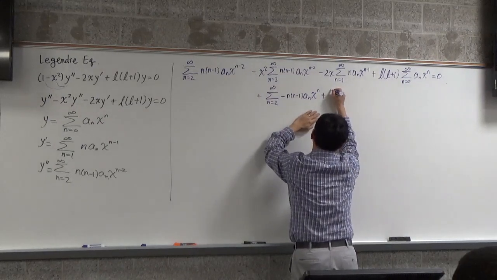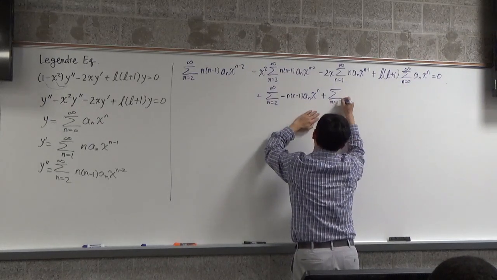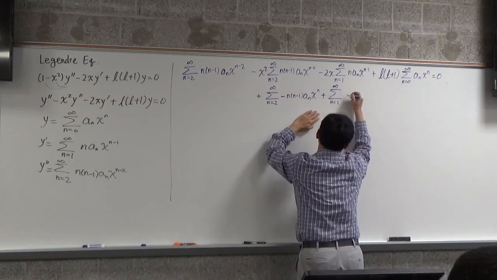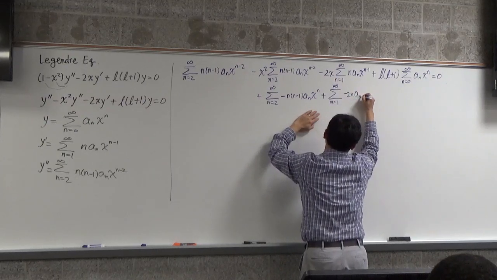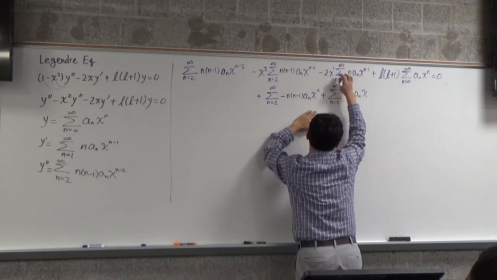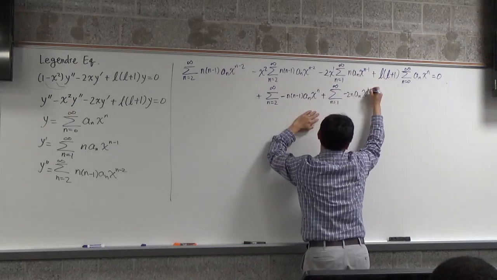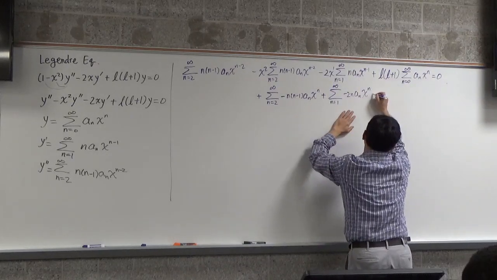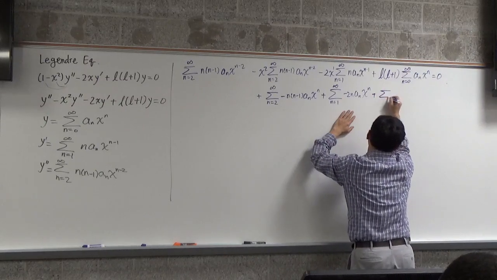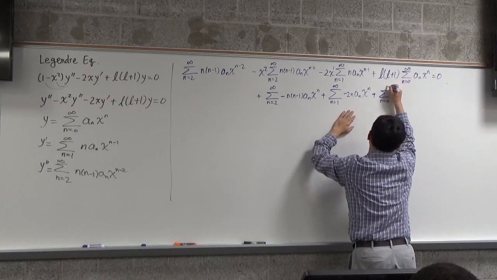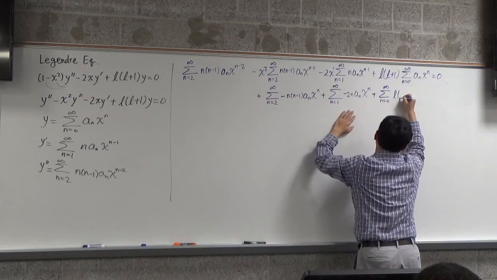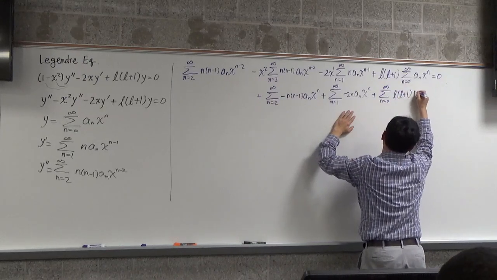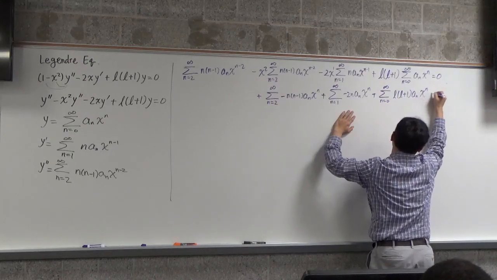Same thing here, sigma, n goes from 1 through infinity, negative 2n a_n, and then x to the first power times x to the n minus 1 gives x to the n. Plus the sum n equals 0 to infinity of L(L plus 1) a_n x to the n, equal to 0.